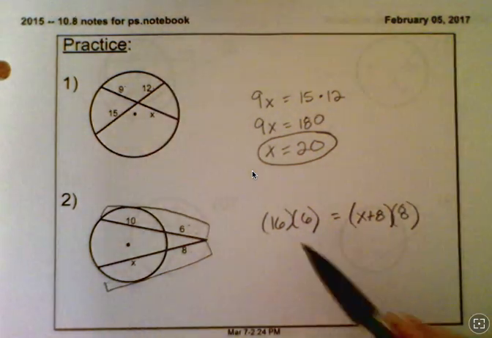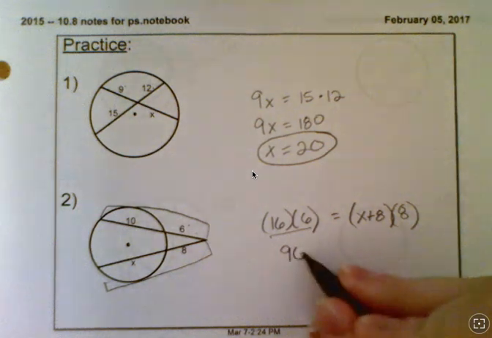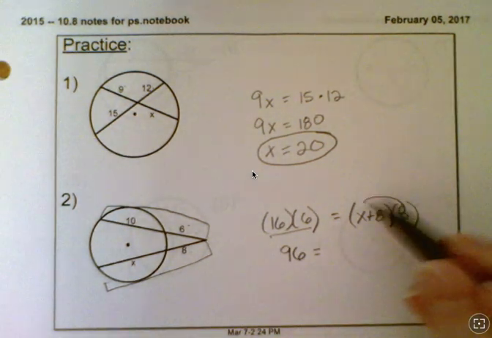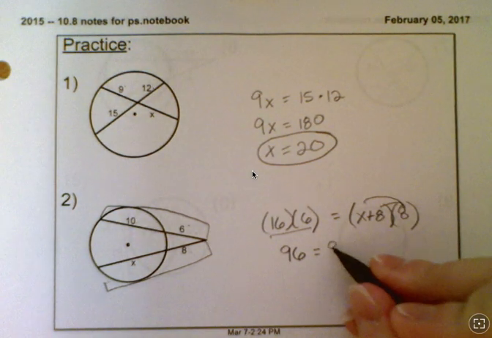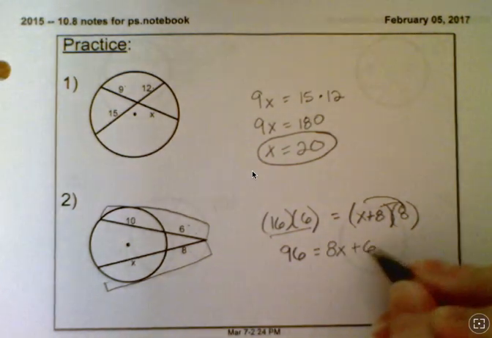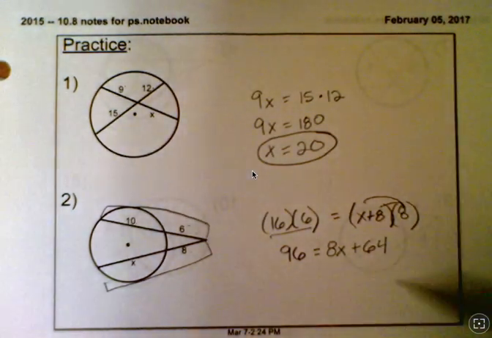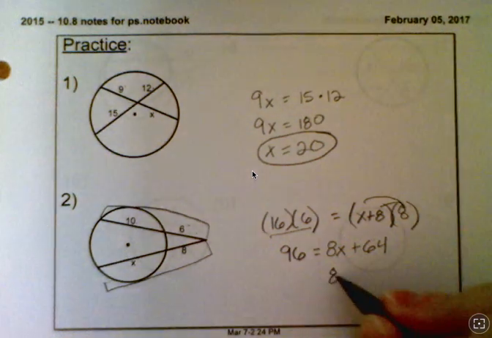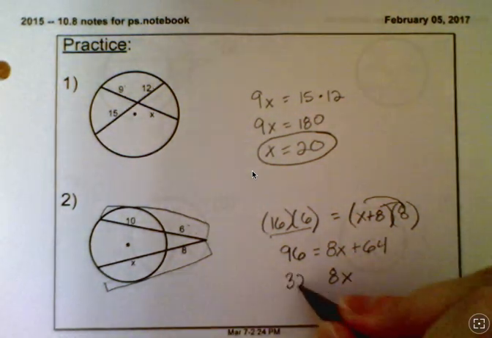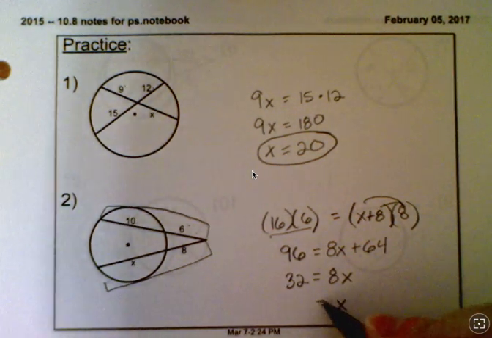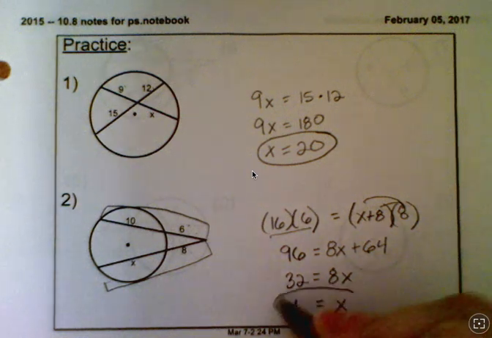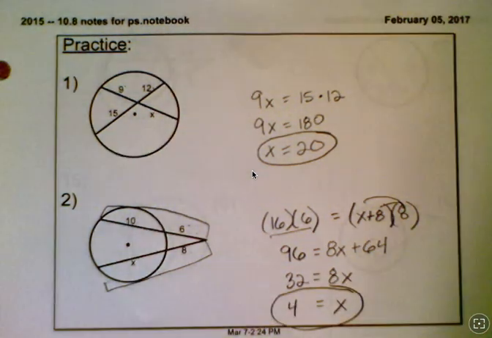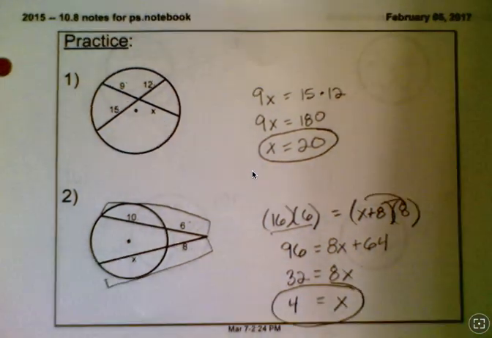So here, this is 96. I'm going to distribute, so 8 times x, 8 times 8. I'm going to subtract 64, divide by 8, and I get 4. Okay, so just a whole lot of multiplication.